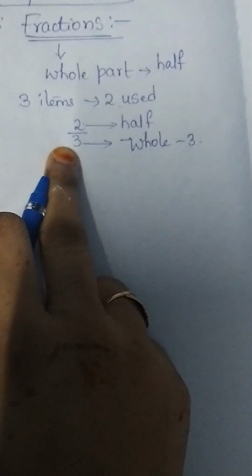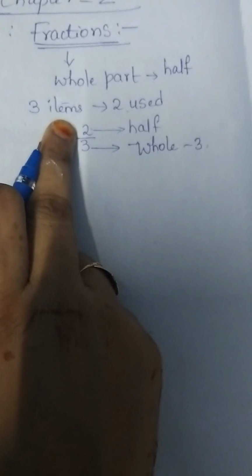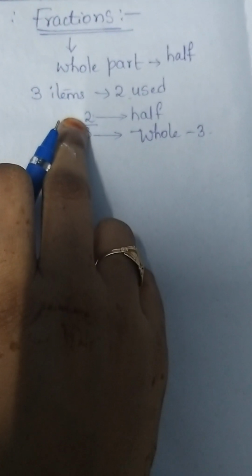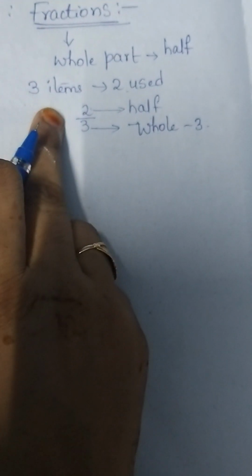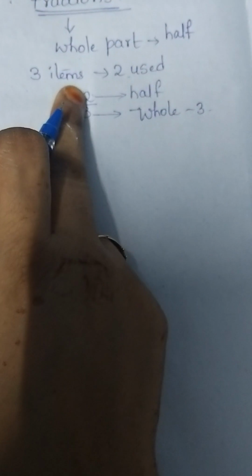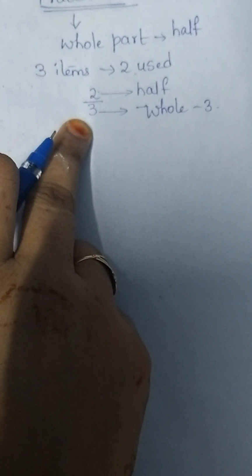That is, 2 is used. 2 is the part and the total amount is the whole, that is 3. You have 3 items and you have used 2, so you have 2 by 3, which is written in the form of a fraction, a part and a whole.